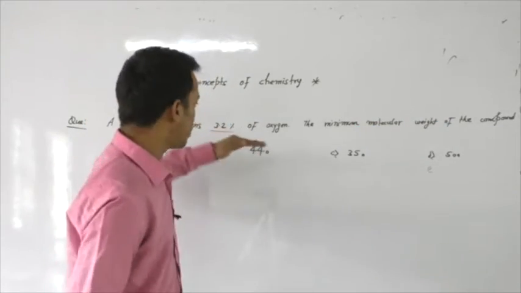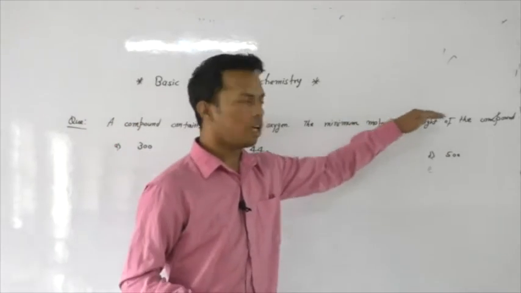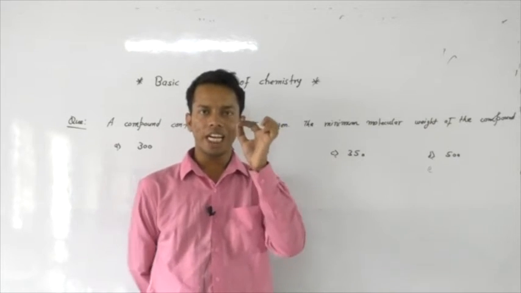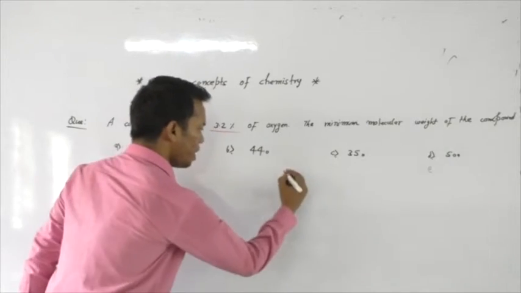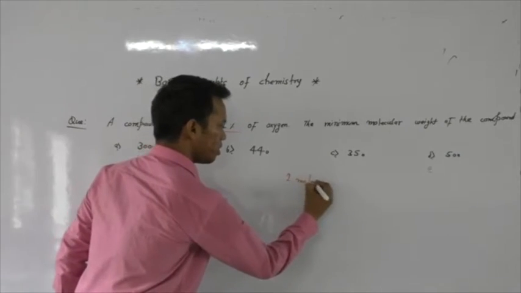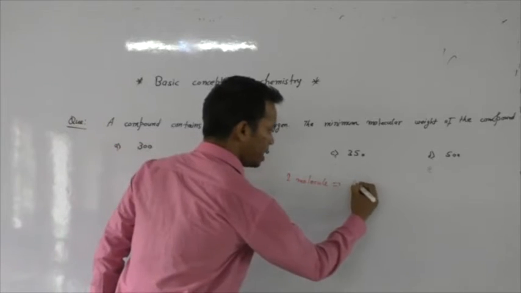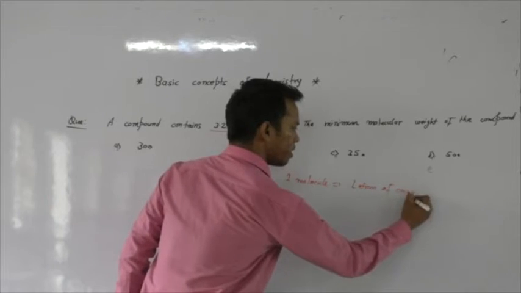Or they may ask in this way also: 3.2% of nitrogen, then what will be the minimum molecular weight of the compound? Tell me, if there is 1 molecule, don't you think there will be at least 1 oxygen atom in one molecule? At least 1 atom of oxygen, correct?